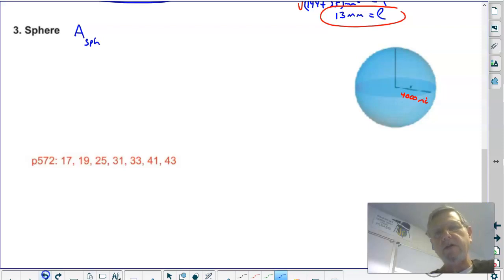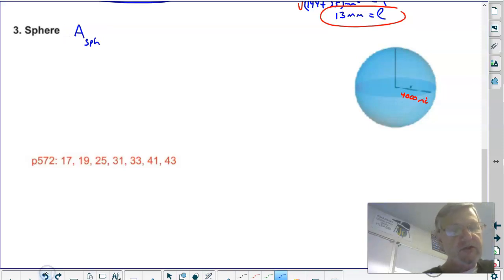Again, any three-dimensional figure, a cone, a pyramid, a prism, a cube, which is a prism, a cylinder, you're talking surface area. Got it? But again, some will use capital S, capital A.